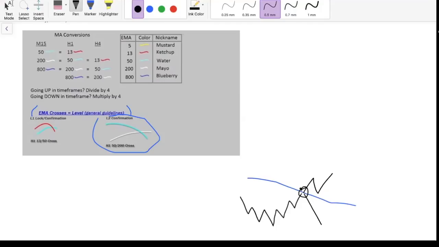But from what I practice, the most pullback from the EMAs that I personally use is going to be the 50 always. On any time frame, it goes back to the 50. And how I know it's going back to the 50 is these two crosses right here. So let's take a look at the charts so you can see what I mean.